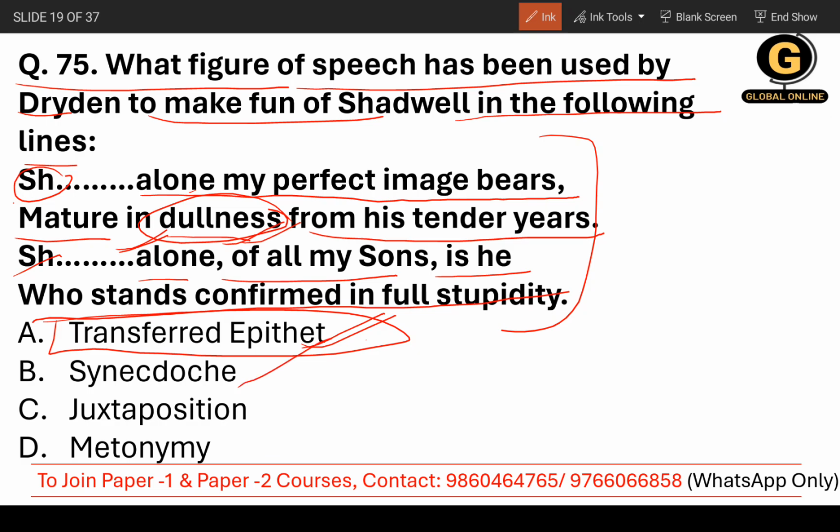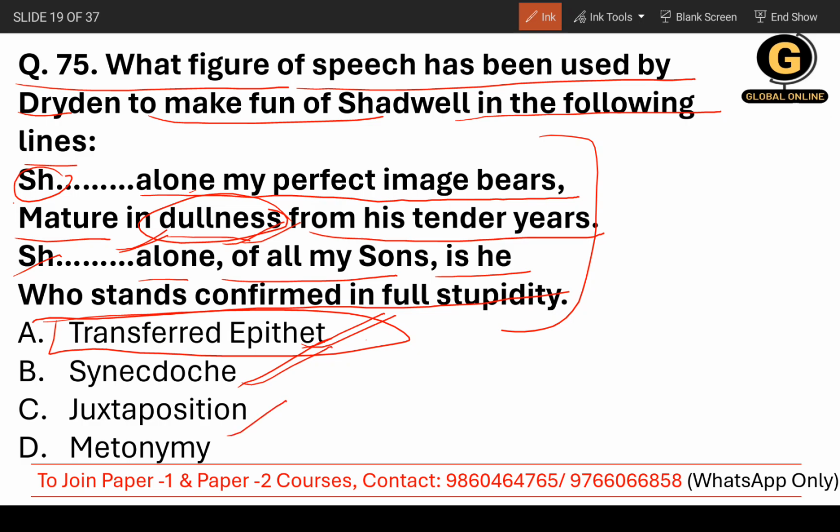Synecdoche. What is synecdoche? Synecdoche is a figure of speech where a part of something is used to represent the whole. Just imagine that I am talking about my hair, but while talking about my hair, somebody is actually describing me, Chandni. So that is synecdoche. The other is juxtaposition.